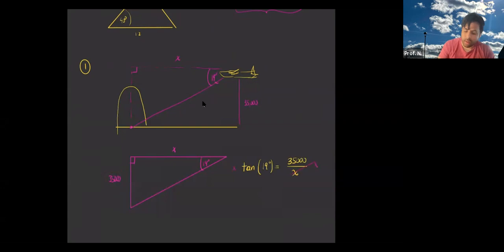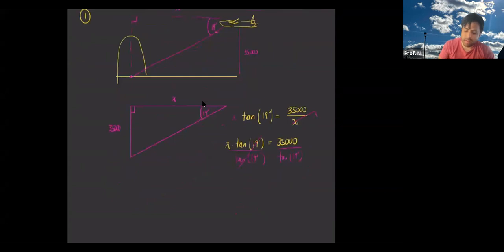So I get x times tan of 19 degrees equals 35,000. Divide by tan of 19 degrees, and I get that x is equal to 35,000 divided by tan of 19 degrees.